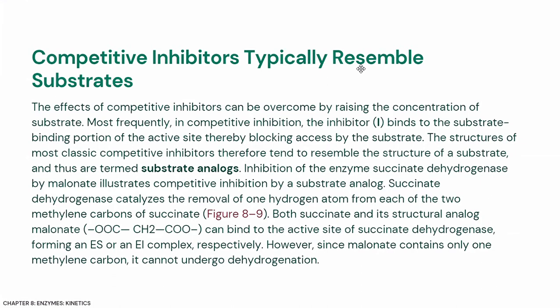If you look at malonic acid and succinic acid, they look the same, but your malonic acid has fewer carbons compared to your succinic acid, which is 4. Malonic acid is only 3. So there is no way that two hydrogens can be removed. So that is the inhibitor of your succinate dehydrogenase, malonic acid or malonate.